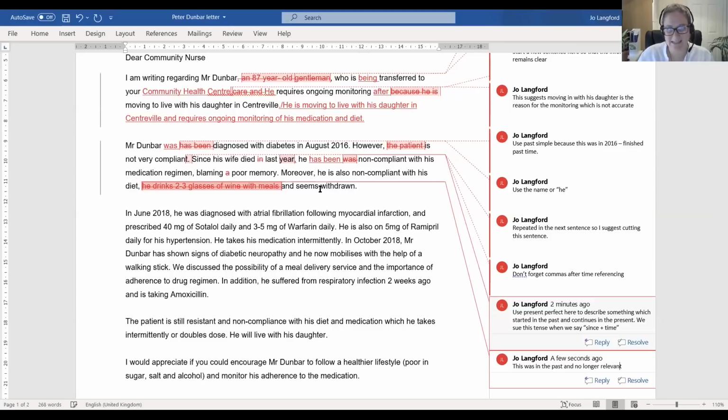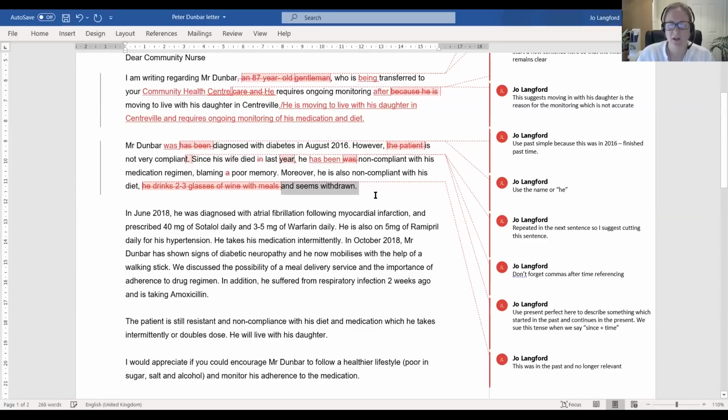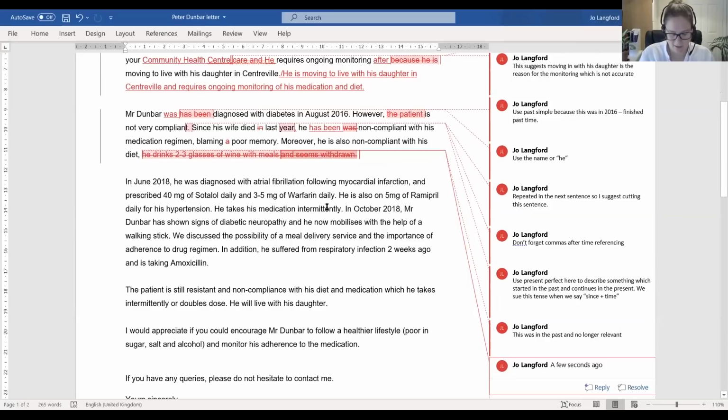And then we've got "and seems withdrawn." Now the case notes say he was looking depressed, but it didn't say withdrawn. So I think the student here has made an assumption. So yes, his wife has just died, but "withdrawn" is not in the case notes.